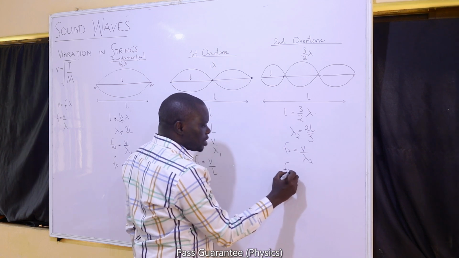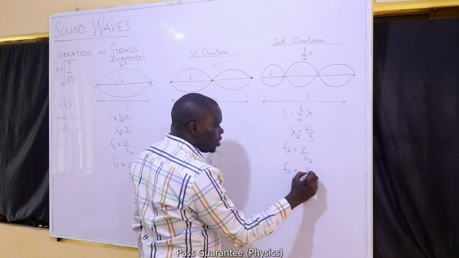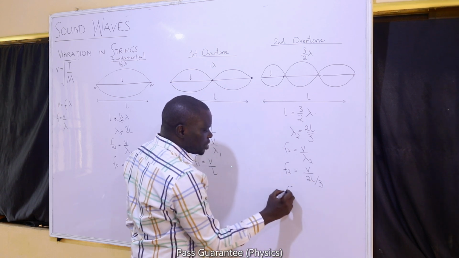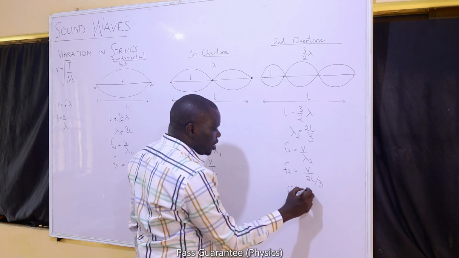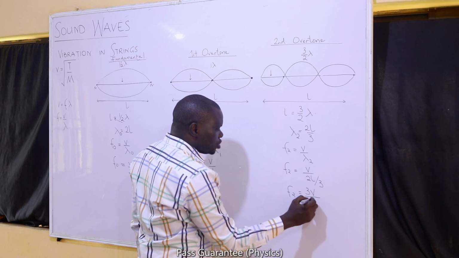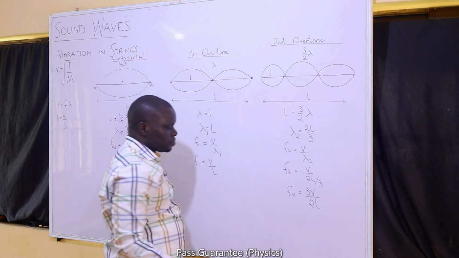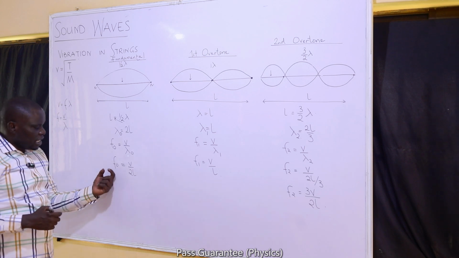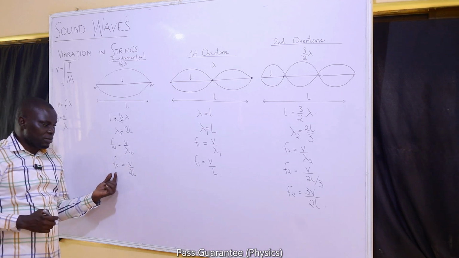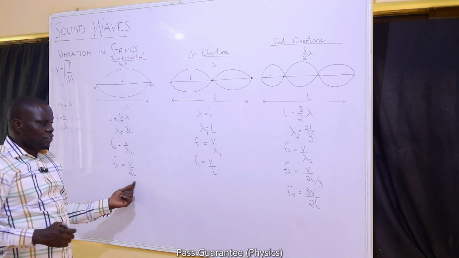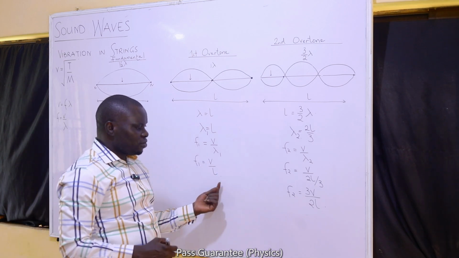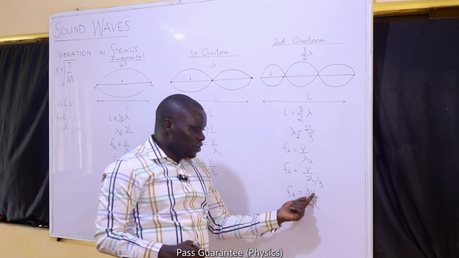So the frequency of the second overtone must be V all over 2L divided by 3, which is 3V all over 2L. So I have obtained the fundamental frequency, the first overtone, and the second overtone in terms of V and L.